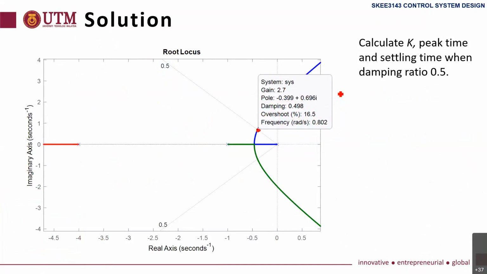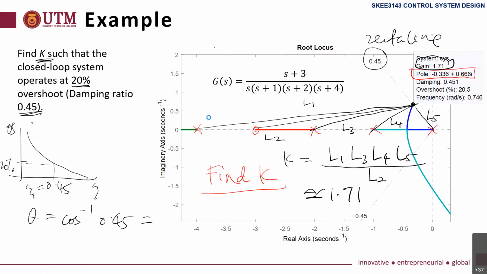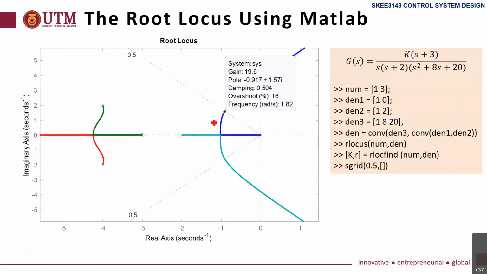Matlab will provide us this value, all the information values. Okay, this is the zeta line that I did using Matlab. This is one example on using the command.